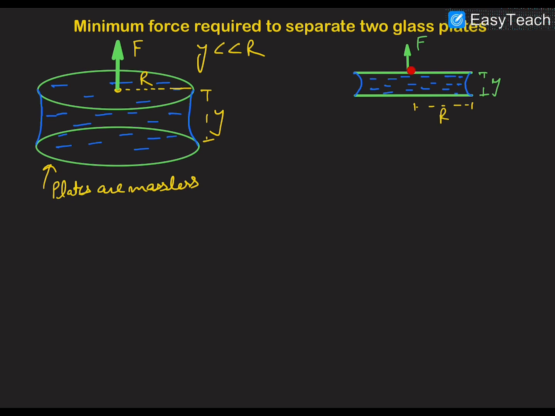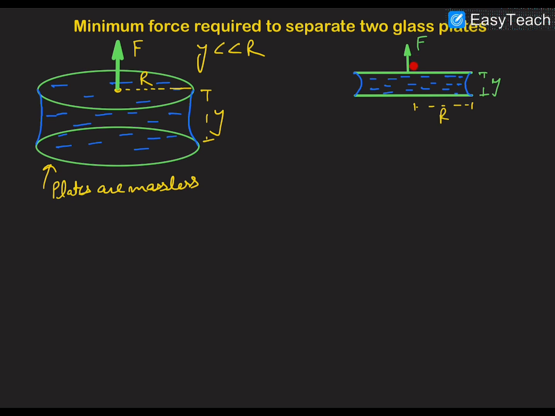If we need to separate these two from each other, we have to apply some force F on the upper plate. In this process of separation, there will be a separation y between these two plates, and a liquid film will be created on the circumference of the two plates, which will be opposing this F and opposing the separation of the plates.